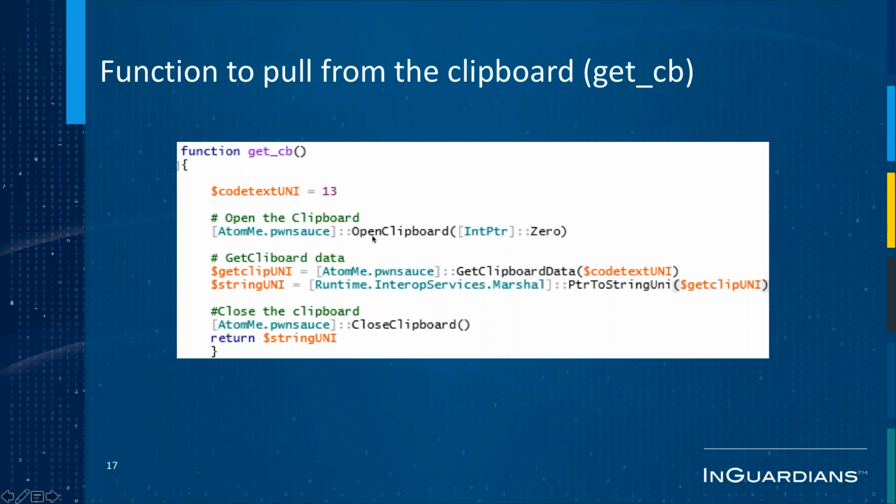This is doing open clipboard, setting the pointer to 0, and then getting the Unicode value of that piece of text, pulling the clipboard data using the Unicode values, setting the string uni, and then providing the string uni back to the code, and closing the clipboard, because you don't want to have an open clipboard and not close it. So once you open the clipboard, you do your operations, then close the clipboard, and then return the value.